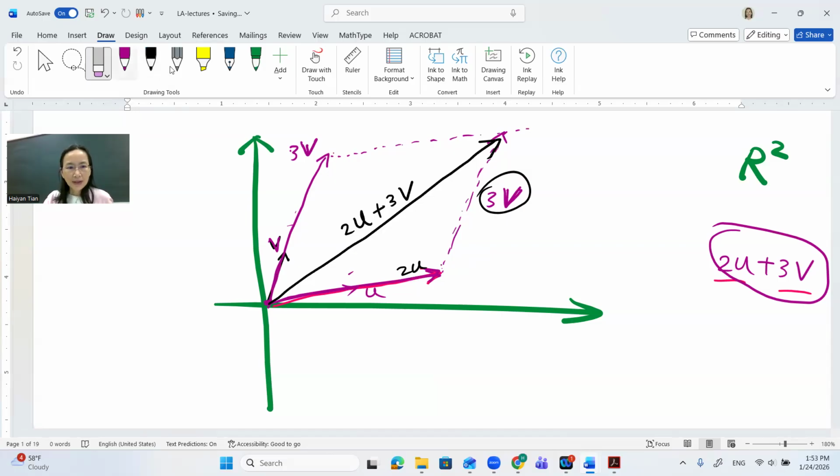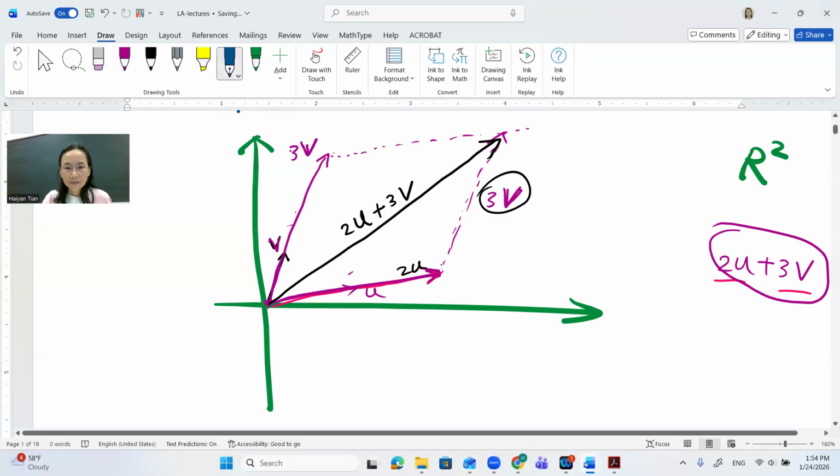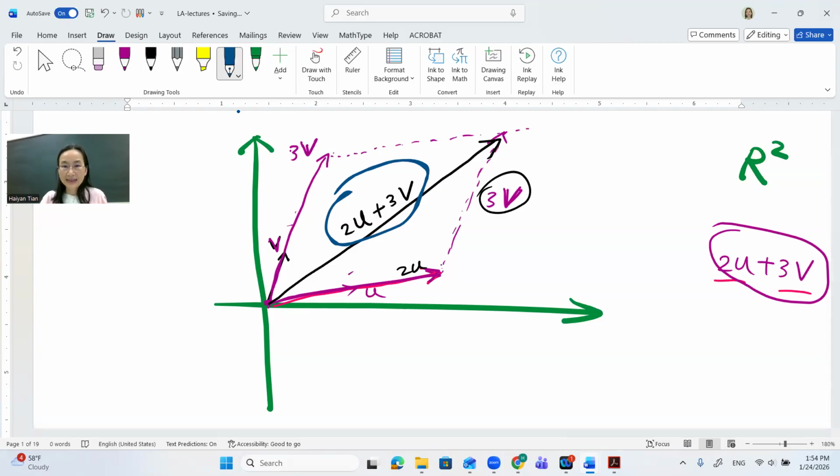This is a vector that is being generated by u and v, more specifically by a scalar multiple of u and a scalar multiple of v, and we get a new vector. We call this vector just 2u plus 3v, but it is actually a very specific vector, right?